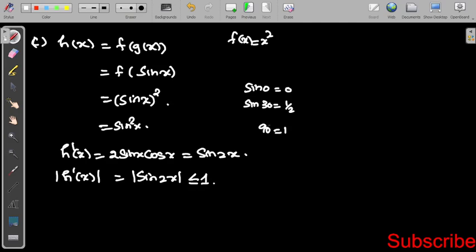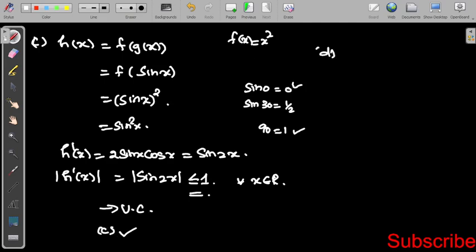In between, the value won't exceed these values. So we can say that |sin 2x| is less than or equal to 1 for all x belonging to the real numbers. So it is bounded, which implies uniformly continuous. So option C is the right answer.